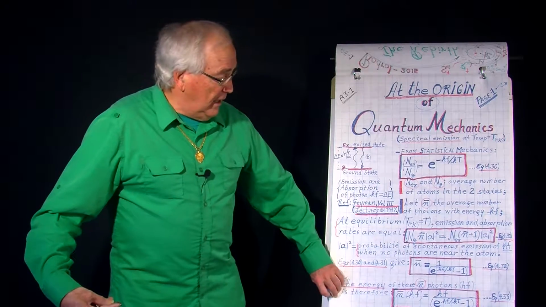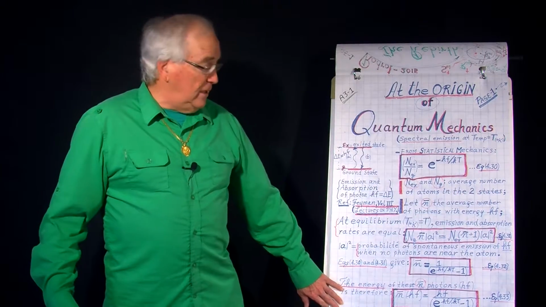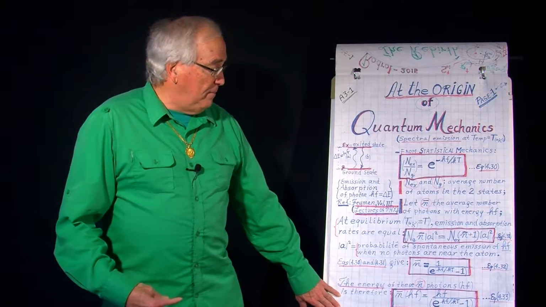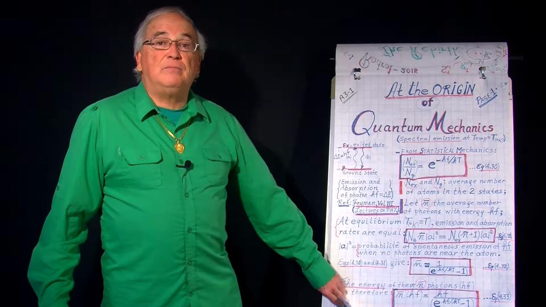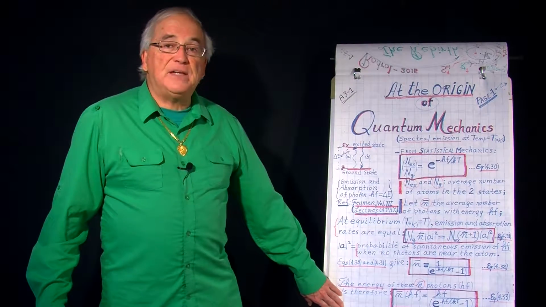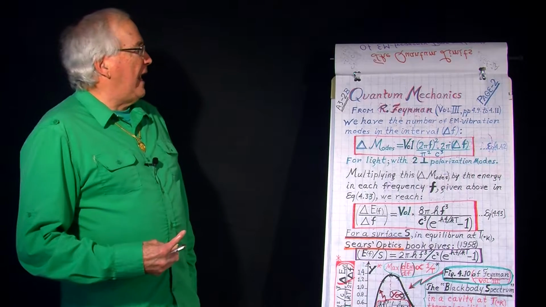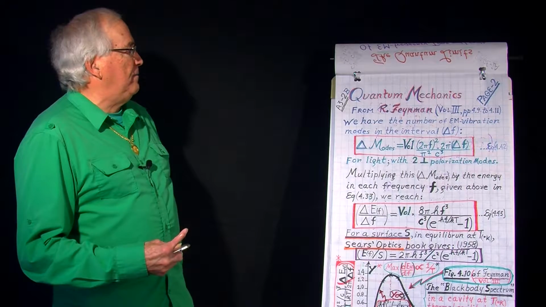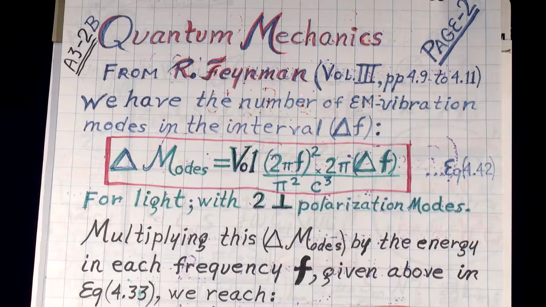Now, I'm going to show you in the next presentation how from this equation Planck arrived at the spectrum of light emission. Okay, here we have the reference to the volume from Richard Feynman that I mentioned. So we have the number of electromagnetic vibration modes in the interval delta F, in a small interval of frequency.